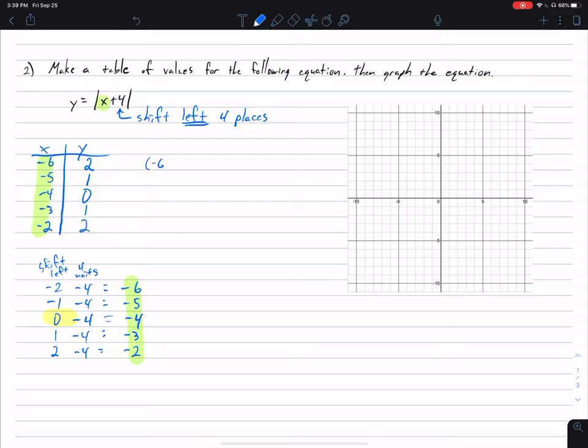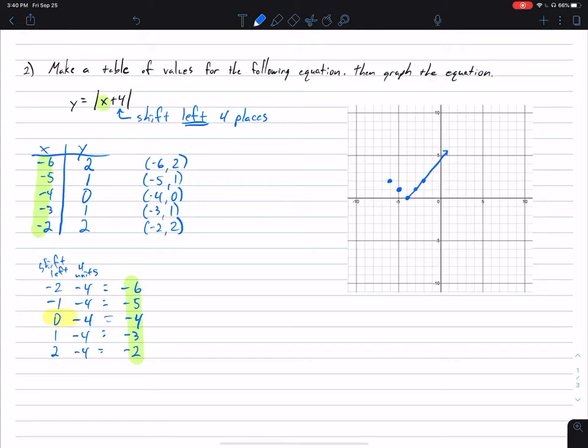So my coordinate points are negative 6, 2, negative 5, 1, negative 4, 0, negative 3, 1, and negative 2, 2. Now if I graph those, I have negative 6, 2, negative 5, 1, negative 4, 0, and now notice negative 3, 1 is going to start going back up, and then negative 2, 2.